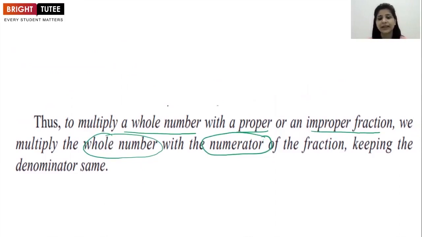We multiply the whole number with the numerator of that fraction and we keep the denominator same. So whenever we multiply a whole number with a fraction, the whole number gets multiplied with the numerator of that fraction and we keep the denominator same, right?